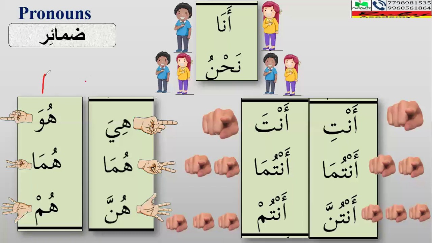I'll write it here. This is masculine, that is male, and this is feminine, female. The same: this is masculine, and this is feminine. And these two are both, either feminine or masculine. Both are the same. Thank you, ma'am. Okay, I'll show you the whole table.